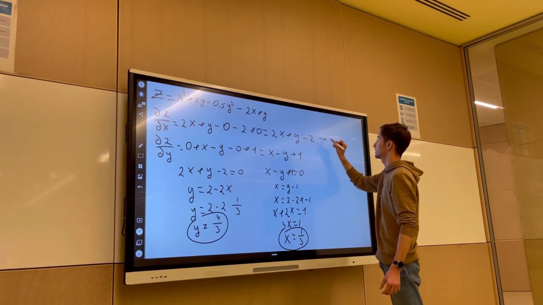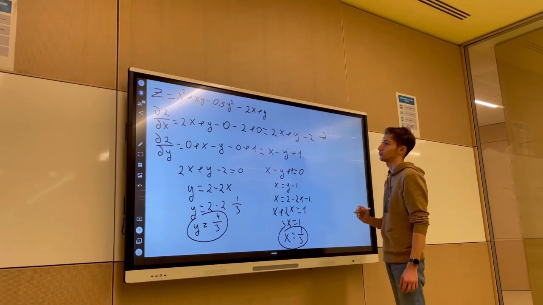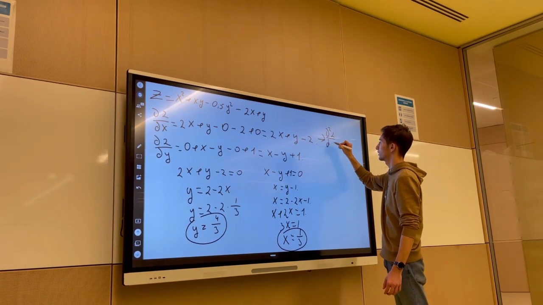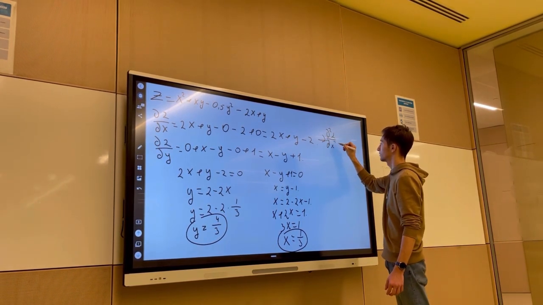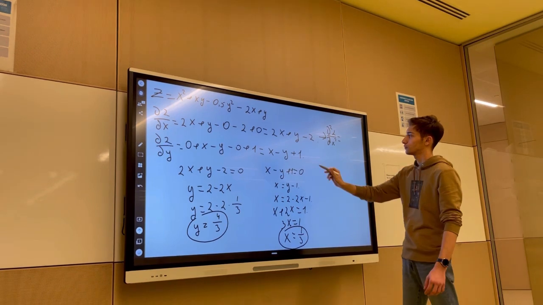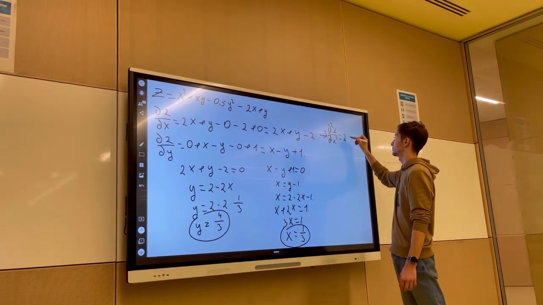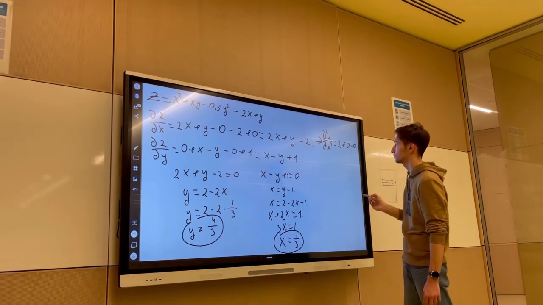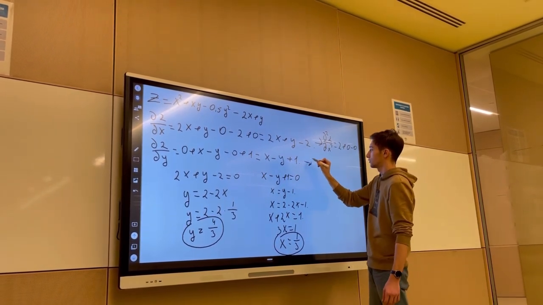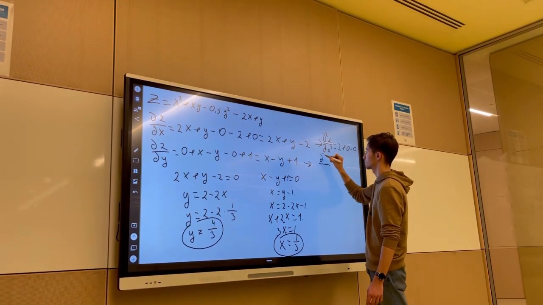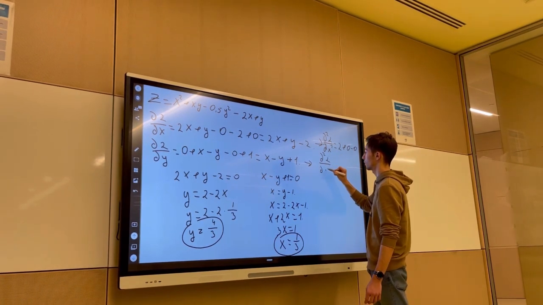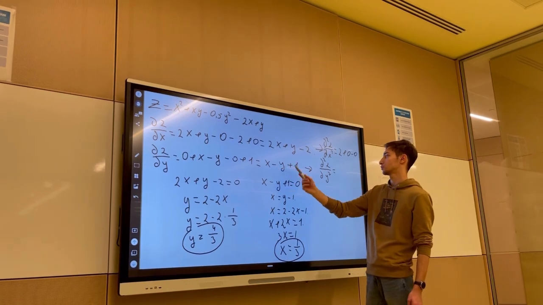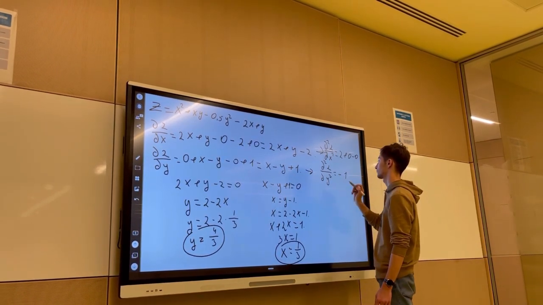Now we will find the second derivatives of x and y. We can write it here like an arrow. It will be delta square z over delta x squared equals to 2 plus 0 minus 0. That's it will be 2. And delta square z over delta y squared equals to minus 1.